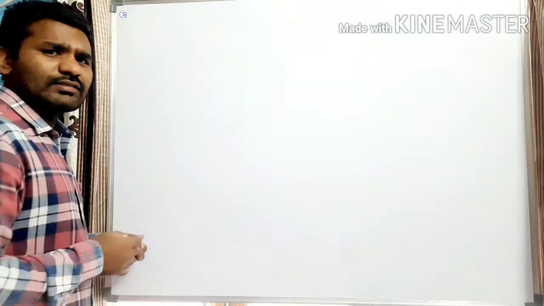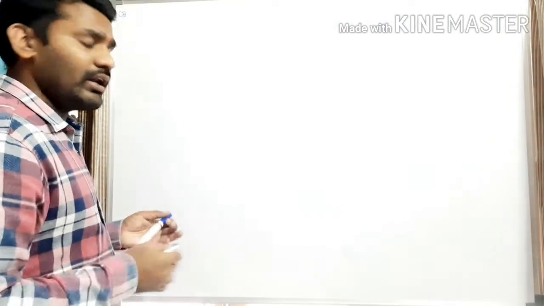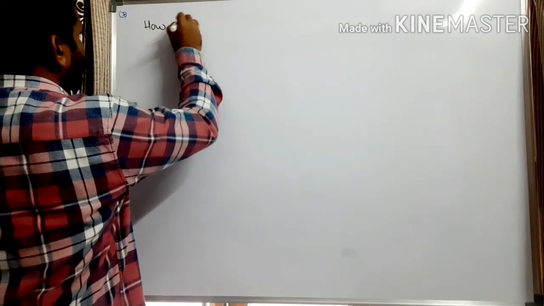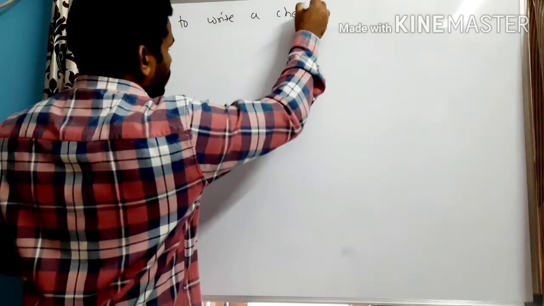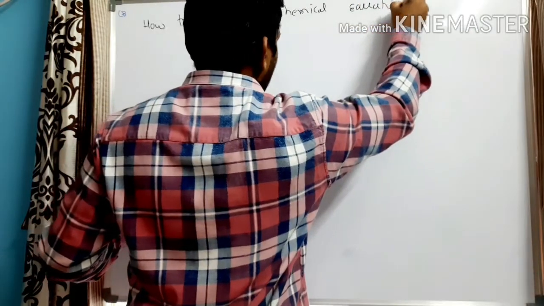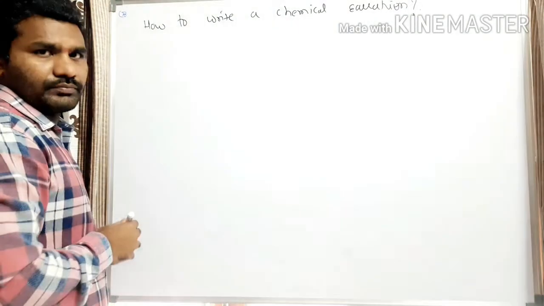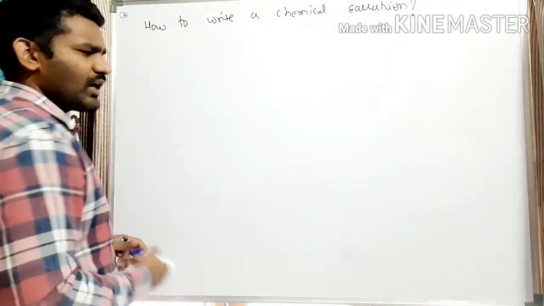Now, let us try to understand how to write a chemical equation. In order to write a chemical equation, there are certain steps to follow.